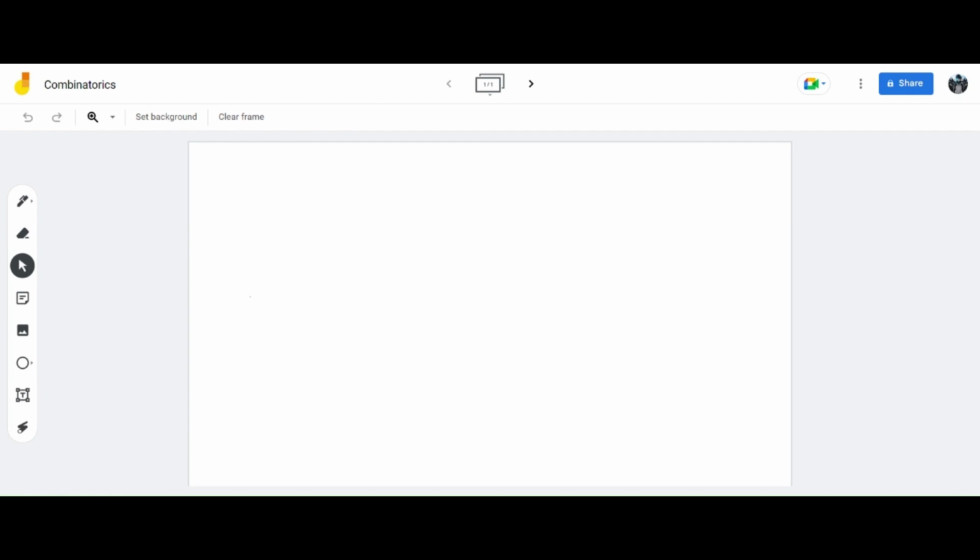Okay, let's say there is an event which can be done in five ways, and after that event, we also have to do another action which can be done in four ways.